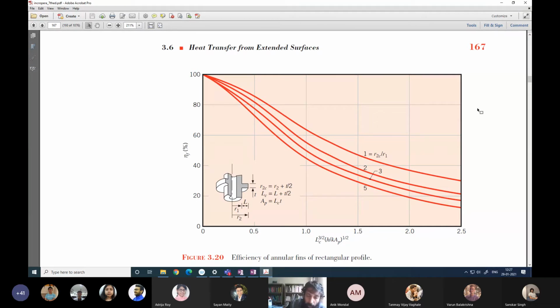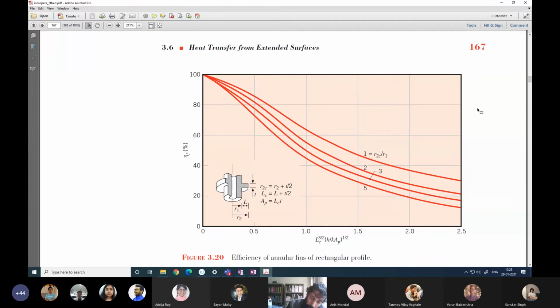Lc equals L, 1.5 centimeter, plus t by 2, again 0.05, equals 1.55 centimeter. Ap equals Lc times t, 1.55 times 0.1, equals 0.155 centimeter square.